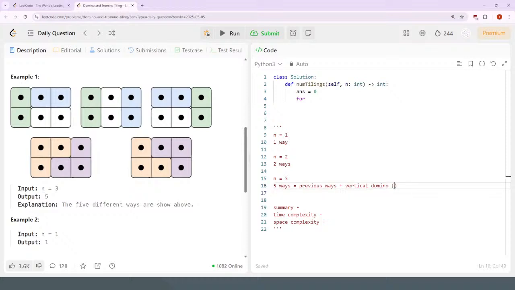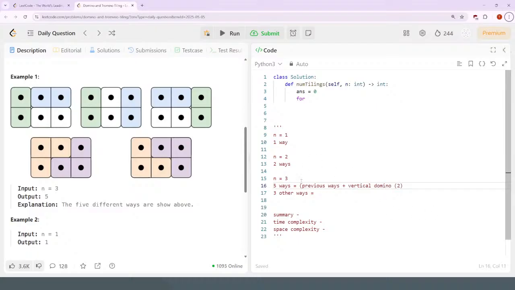So that gives you 2, and then 3 other ways, which is going to be the number of ways for n minus 1. So actually n minus 2. So the previous ways is the count for n minus 1, and this is the count for n minus 2.